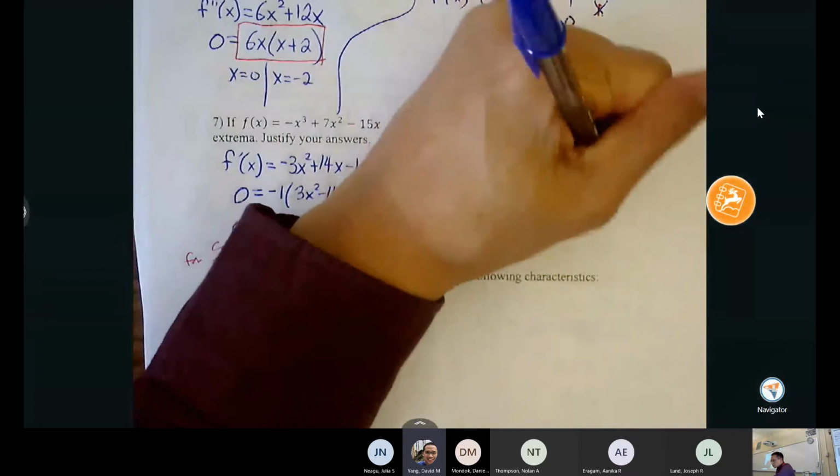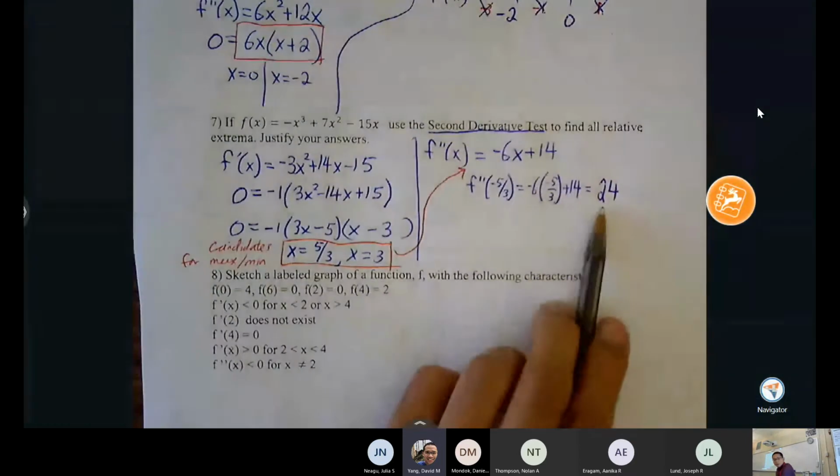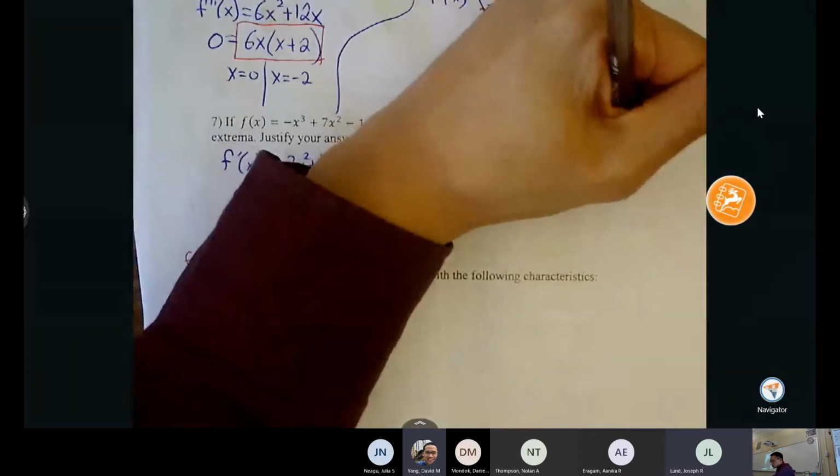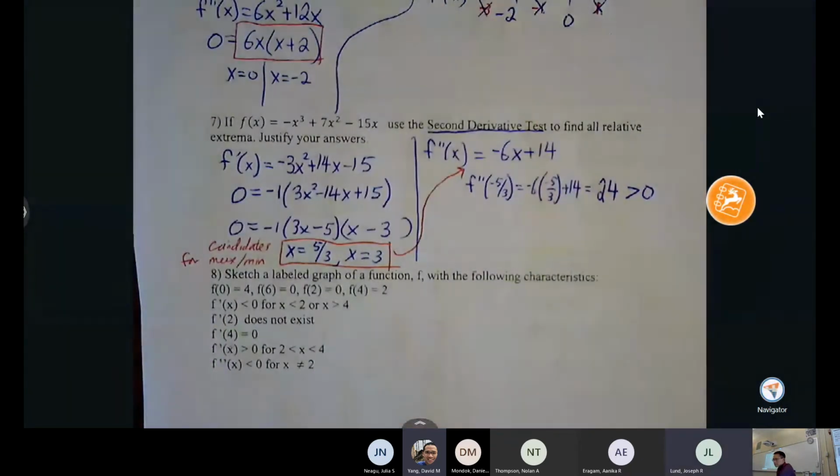All right, I got 24, but how do we interpret this number here? Is the value that important? Since it's positive, does that mean it's concaving up? That's right. Yep. Concave up.